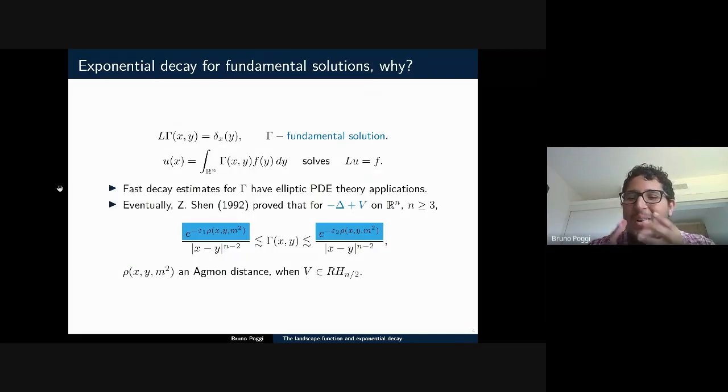Now, other than eigenfunctions, the potentials will force exponential decay of other solutions too. Another one, for instance, is the fundamental solution to the operator. This is a solution to the problem L Gamma equals delta, where delta is the Dirac delta, the point mass at y.